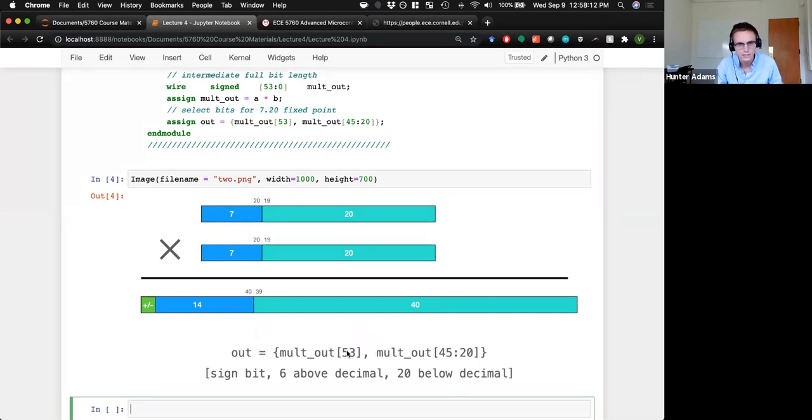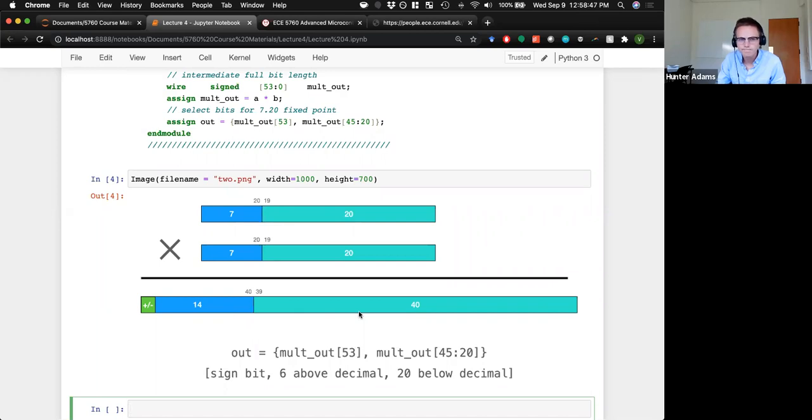So we grab that to retain the sign of the output. And then we want to grab the 6 bits directly above this decimal and the 20 bits directly below that decimal. So if the decimal lives between bits 39 and 40, that means we want to grab bit 45 down to 20. So we want to grab the bits directly adjacent to the decimal point.